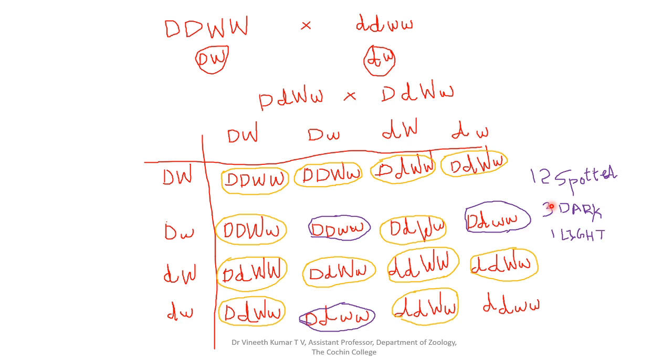In these 12, you have the epistatic gene, capital W, which is inhibiting the expression of either capital D. So here you have all capital D's, and in these three you have small d. So capital W is inhibiting both capital D as well as small d, so that the color of the flower is white. So this is what is called dominant epistasis.